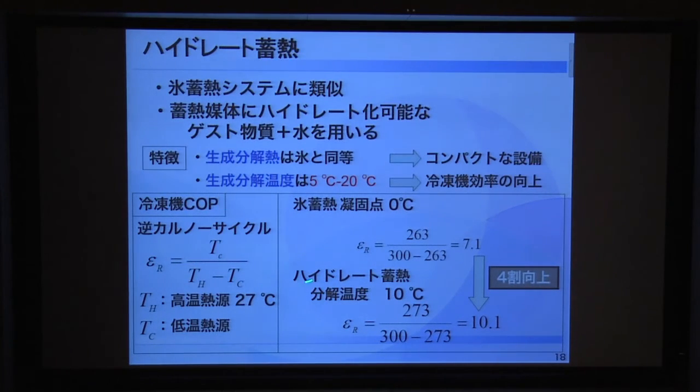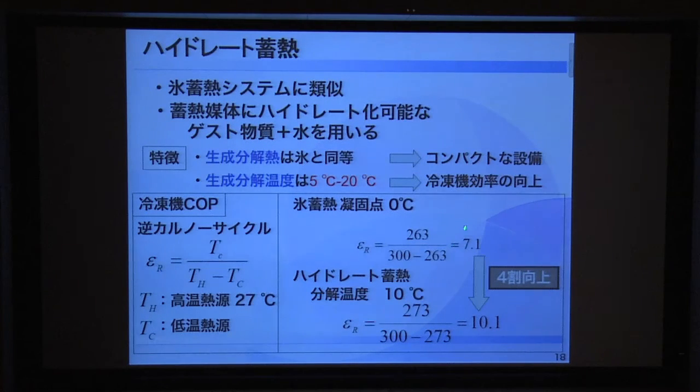The cooling cycle is a reversible cycle. It is a reversed Carnot cycle. This is a very simple formula. If you set the high temperature heat source and low temperature heat source, that's enough. You can calculate the cooling unit efficiency. Ice is generated at 0 degrees, and around 27 degrees the heat is radiated.